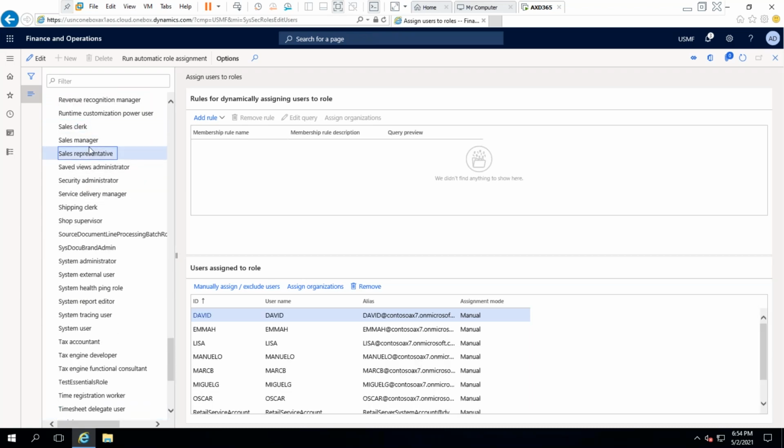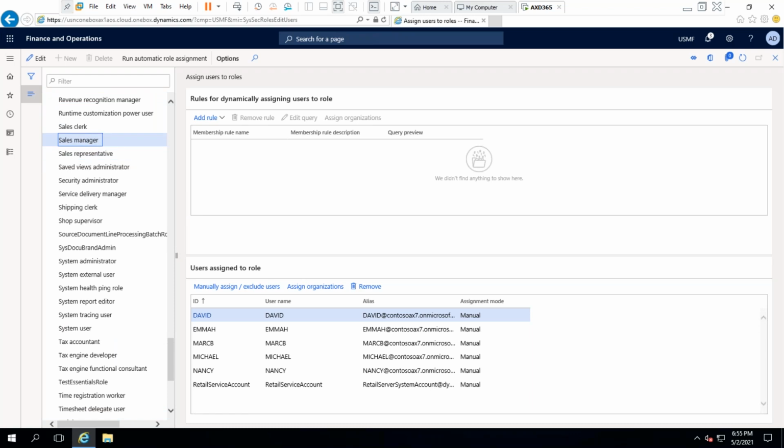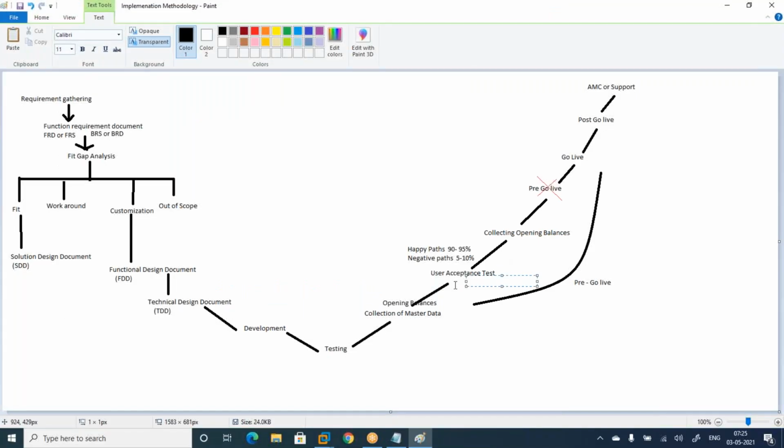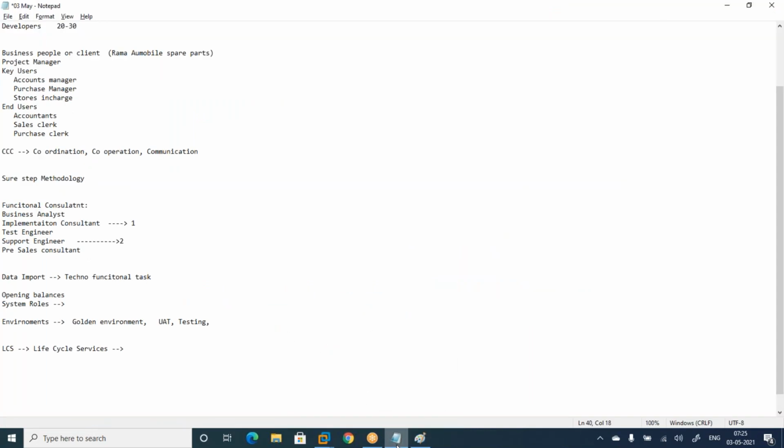So we will give sales representative or sales manager. Like this, it will be assigned to a specific role only for that user, so that he will practice the system equal to the live environment rather than giving the administrator role.